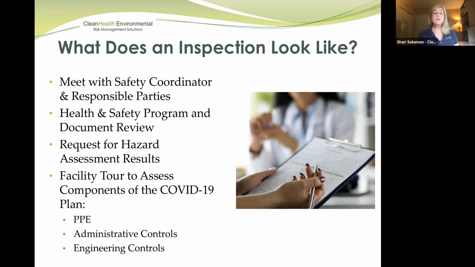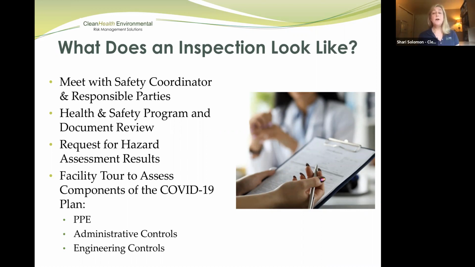What does an inspection look like? They'll meet with the safety coordinator, which I have not noted is a part of creating a COVID plan. You have to have a safety coordinator and responsible parties. So they'll sit down with the coordinator, they'll gather as much information about their policies, processes, and procedures. They'll ask for copies of their COVID-19 prevention plan and all their other programs.